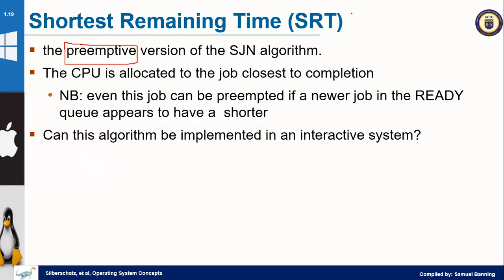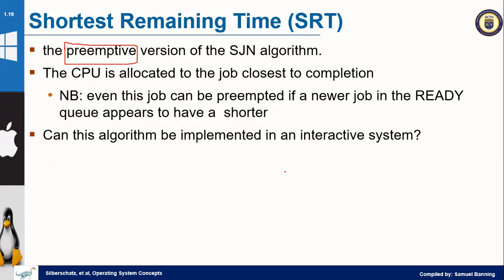All right, so let me break it down. In an interactive system, the jobs arrive in an unpredictable manner. They can come in at any time. And the time that a job will last, or the CPU cycle of a job, is not known in advance.